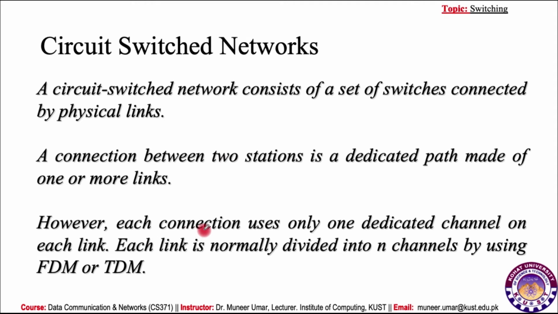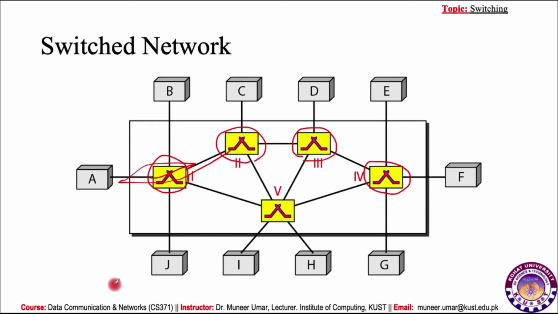However, each connection uses only one dedicated channel on each link. Each link is normally divided into n channels by using FDM or TDM. There is one other thing, that is the links. These links can be shared among the devices by using FDM or TDM.